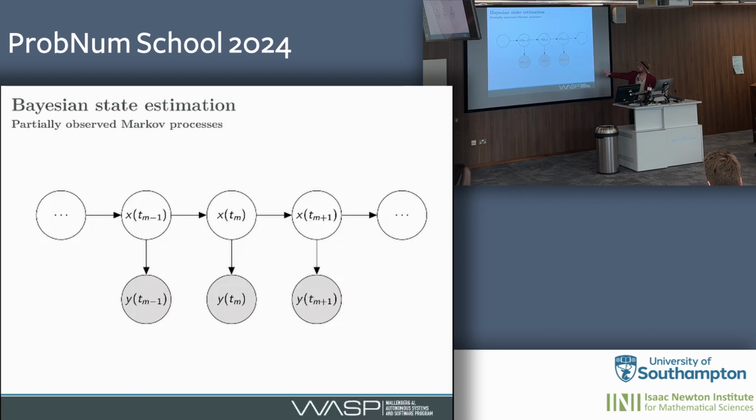And so that's this graphical model. X and Y are jointly Markov, but with an even more restricted structure. So we can still use all our Markov machinery to understand these models.